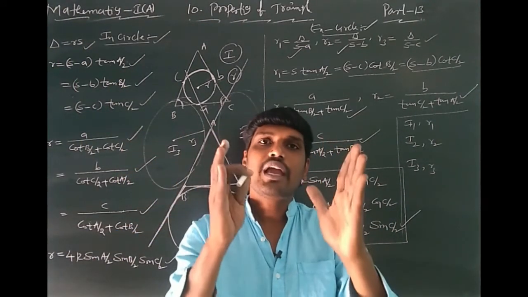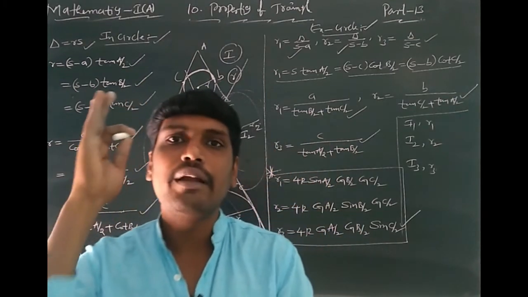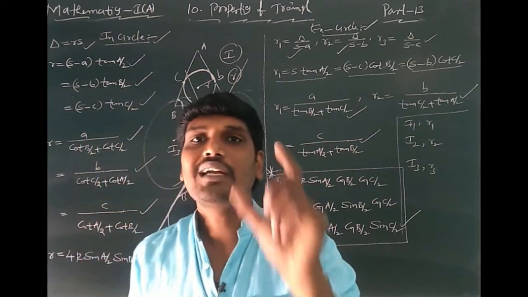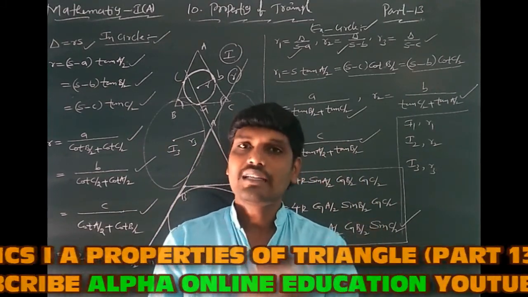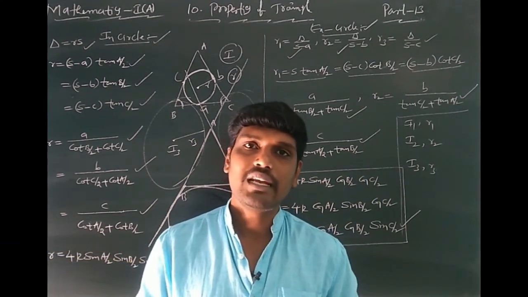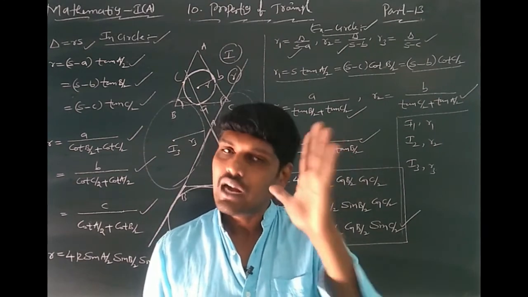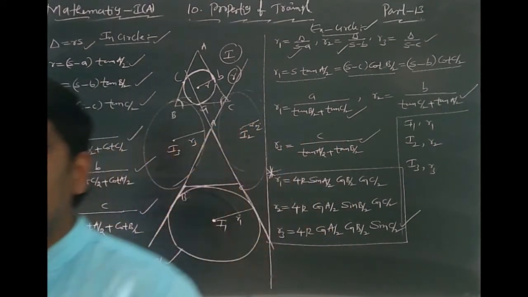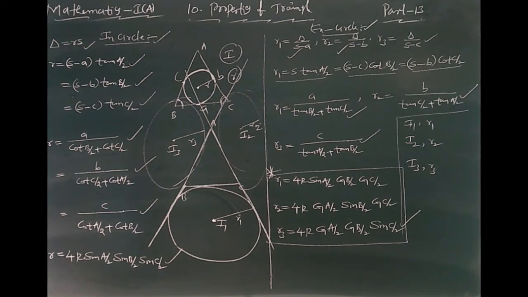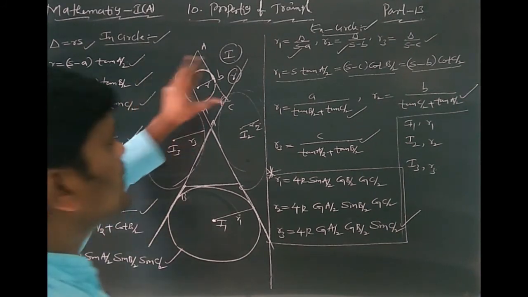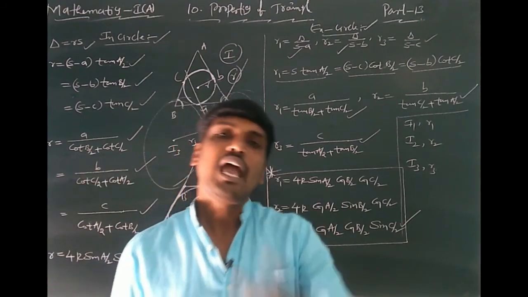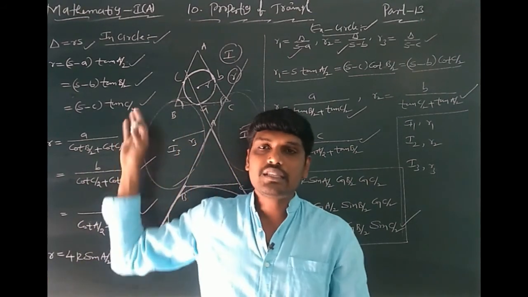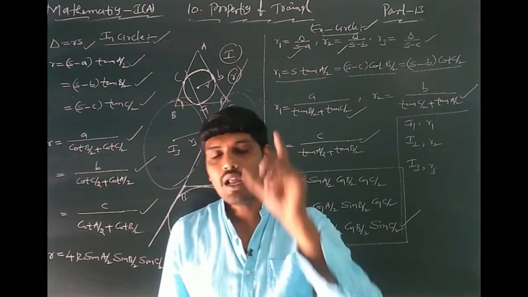That's why you can read and write the total trigonometry formulas. You will easily understand properties of triangle. Otherwise properties of triangle is very difficult. Understood or not? In this way you can read and write all these formulas, and easily understand exercise 10b. Next class we discuss exercise 10b incircle, excircle model problems.